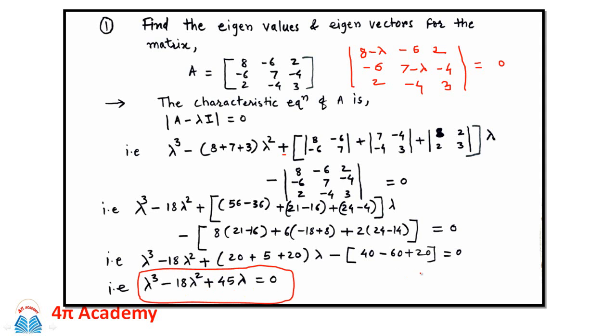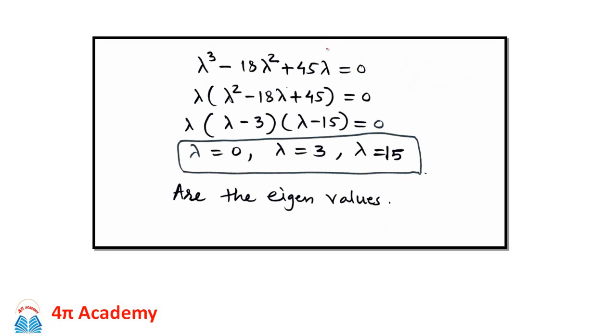So now we want to find out the roots of the characteristic equation, and the roots of this characteristic equation are nothing but our eigenvalues. So this is our characteristic equation, which is lambda cube minus 18 lambda square plus 45 lambda equal to 0. For finding the roots we take lambda as common. So in bracket we remain with lambda square minus 18 lambda plus 45 equal to 0.